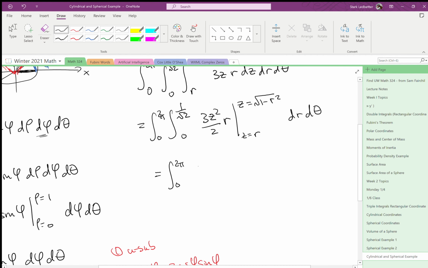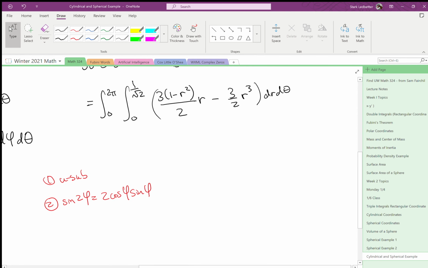Plug that in. 0 to 2 pi, 0 to 1 over root 2. And then, let's see, we have 3 times 1 minus r squared, no square root because that was squared, over 2 times r minus 3 over 2 r cubed. And then we have to integrate that all with respect to r and theta.